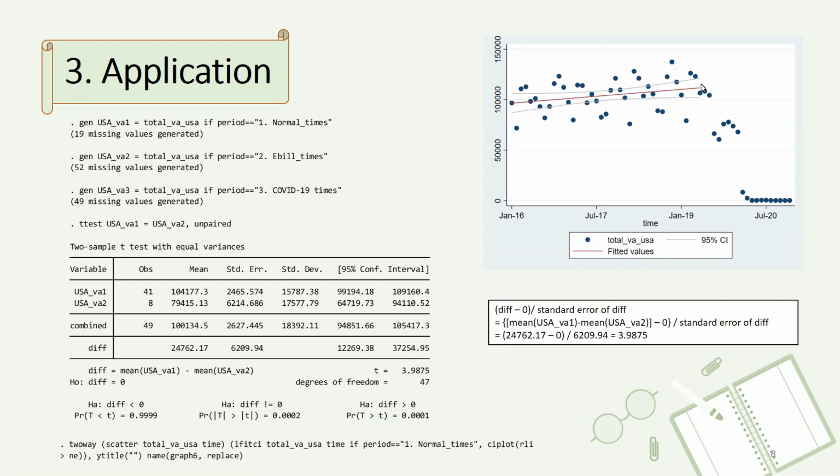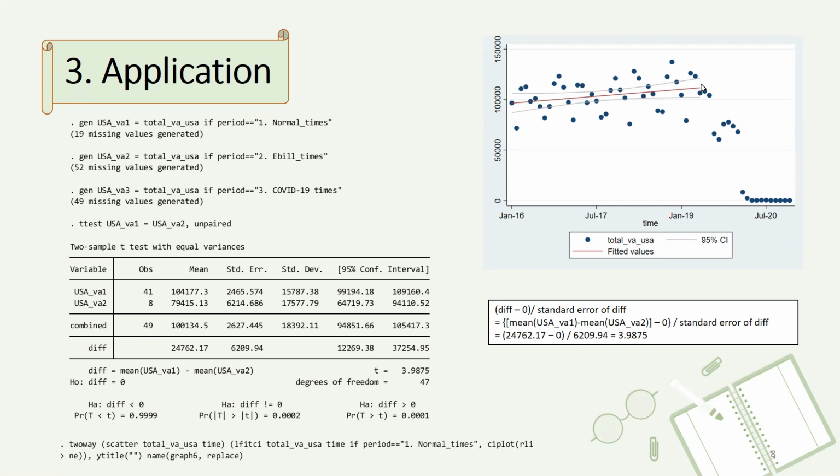After we generated 3 different variables, next we're going to do a t-test by typing ttest USA VA1 == USA VA2, comma, unpaired. So here we're testing if the number of USA visitors are the same during the normal times versus during the e-bill times, period 1 and 2. The unpaired option here is selected because the visitor numbers under the 2 periods are not related.